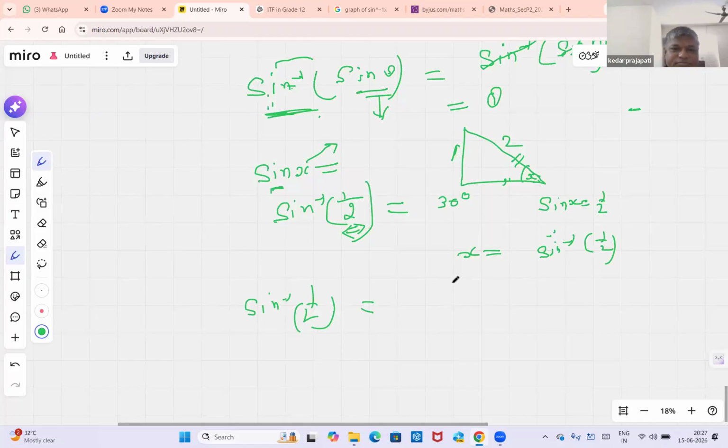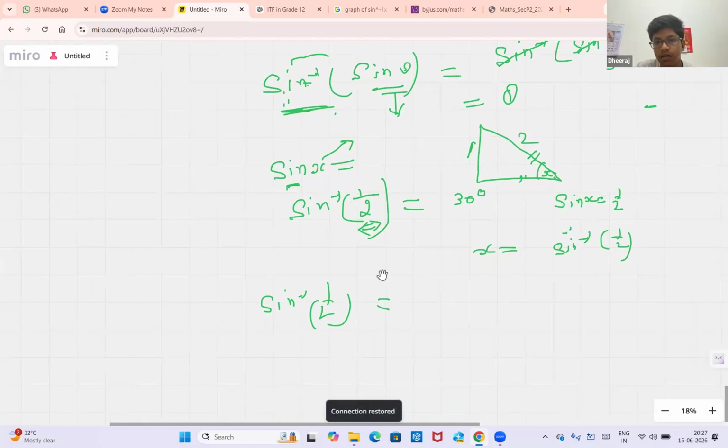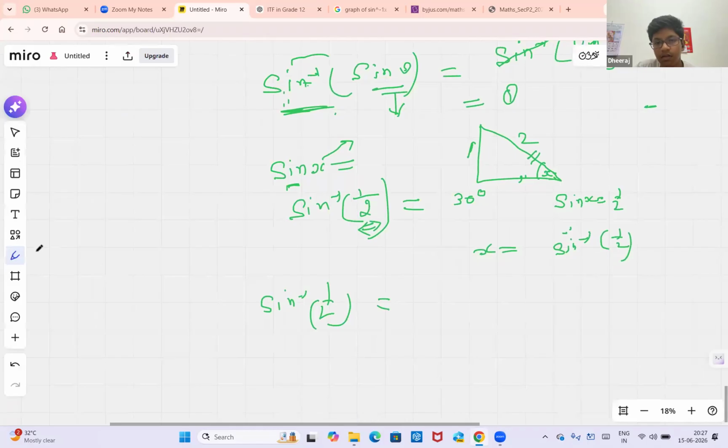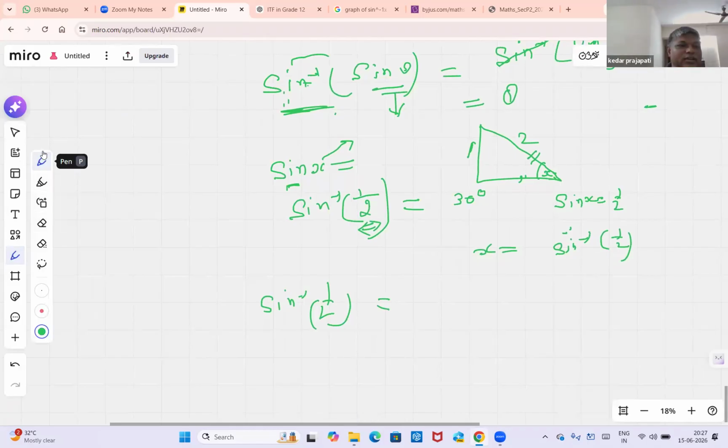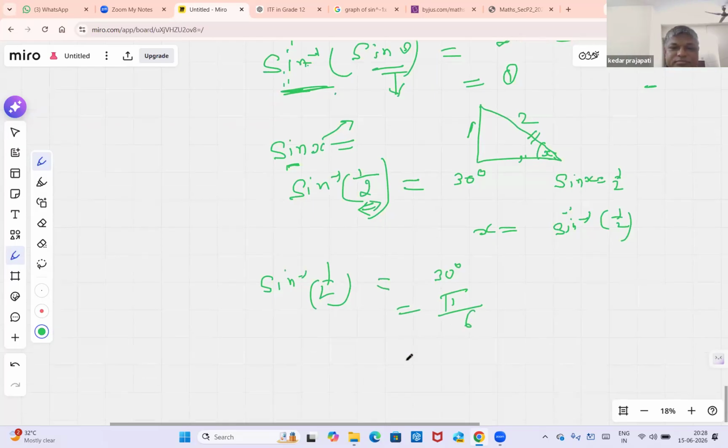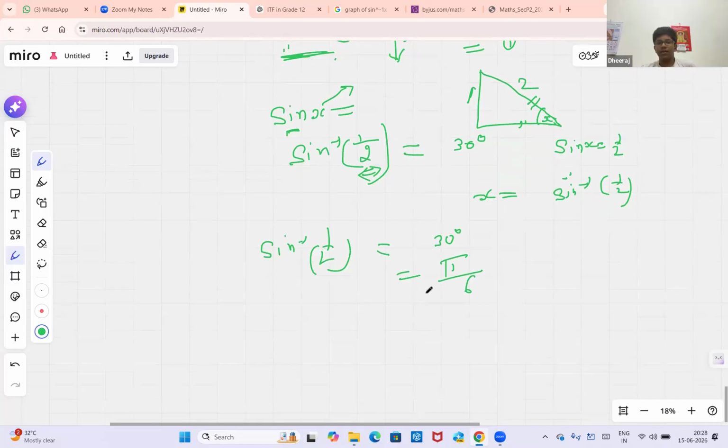The angle is nothing but 30 degrees, so it is pi/6. So what is the value of x? Value of x is pi/6, correct? I'm taking some time because you need to understand the basics, okay?